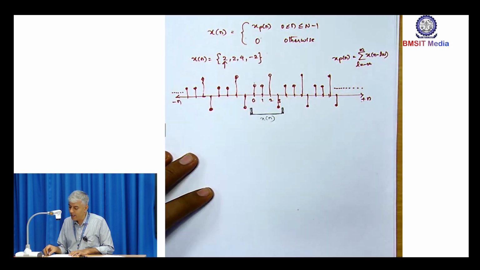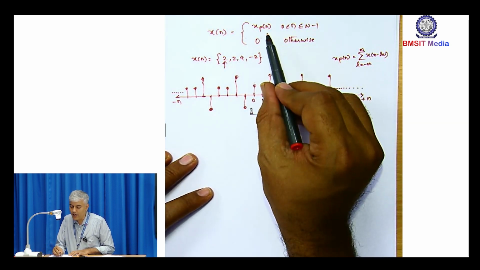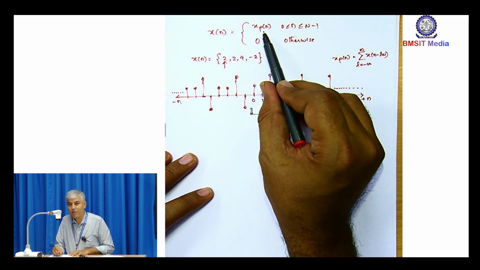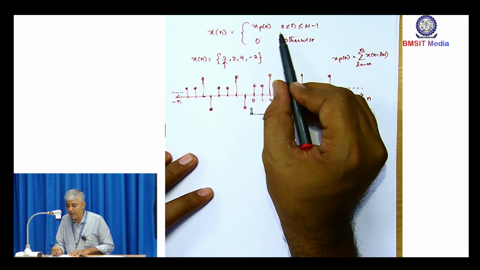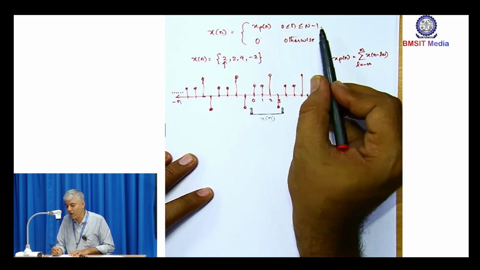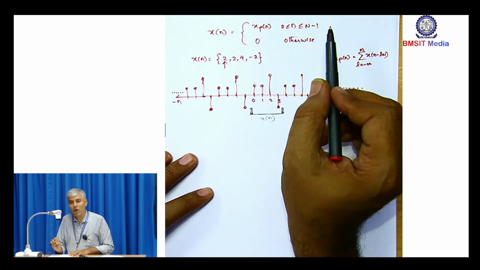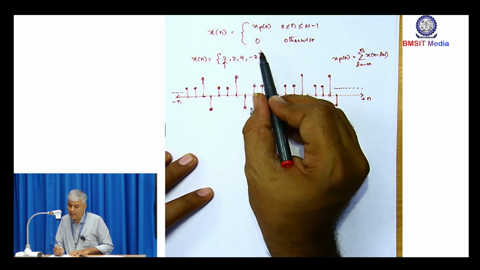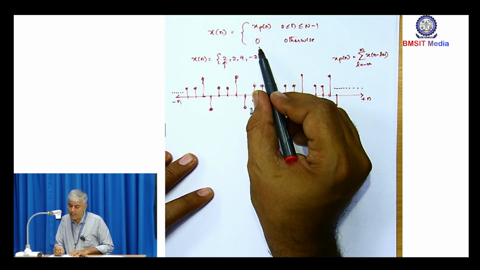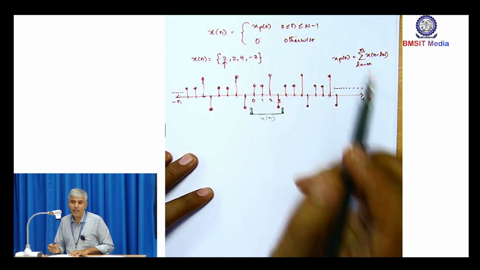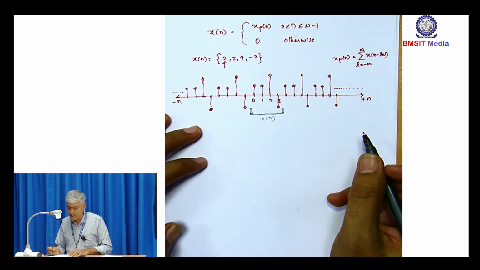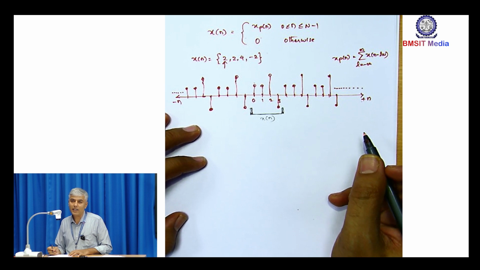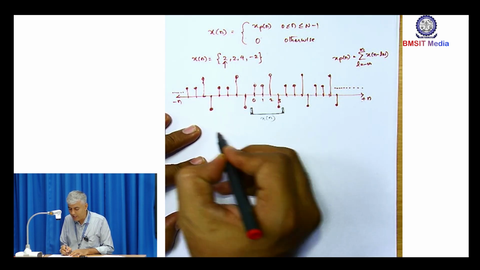So, as per the expression shown here, x of n can be recovered from xp of n by removing or erasing all the other components and retaining the values only over the range 0 to n minus 1.